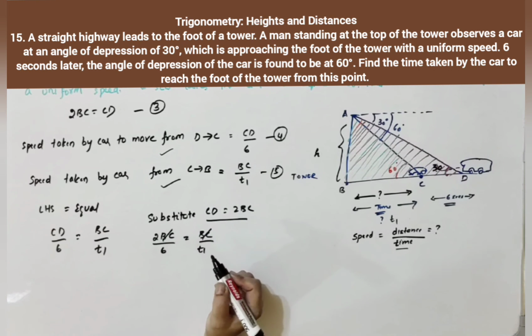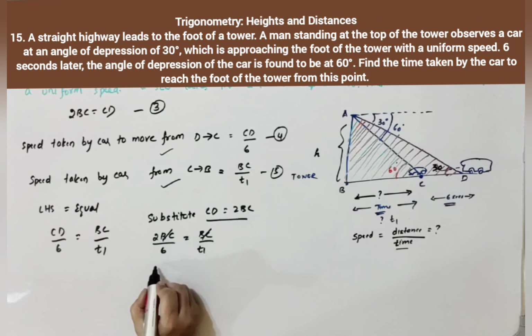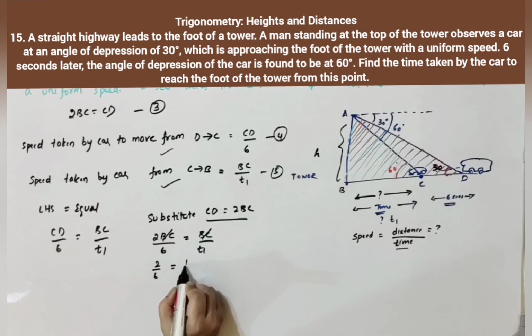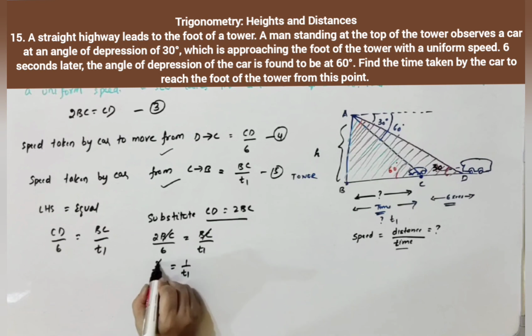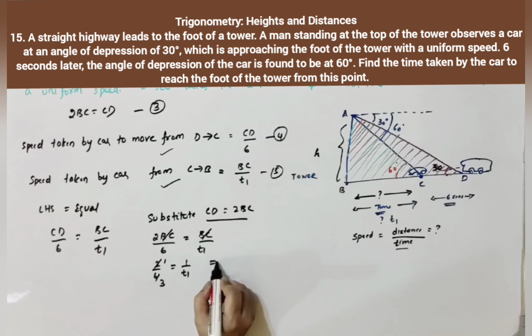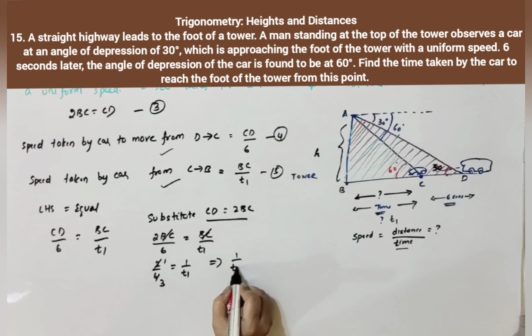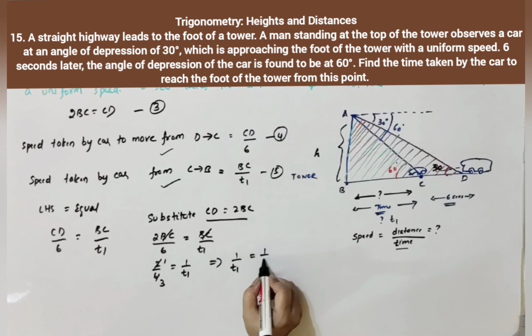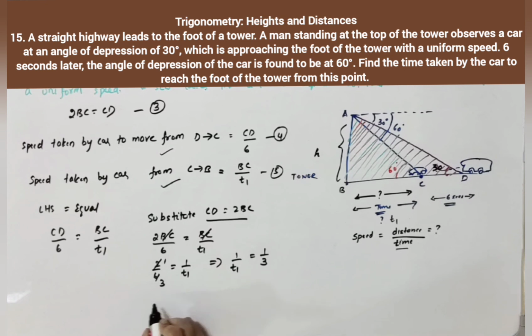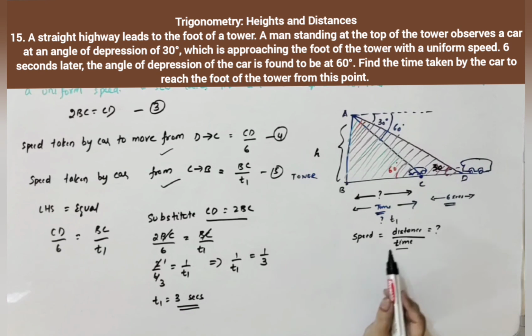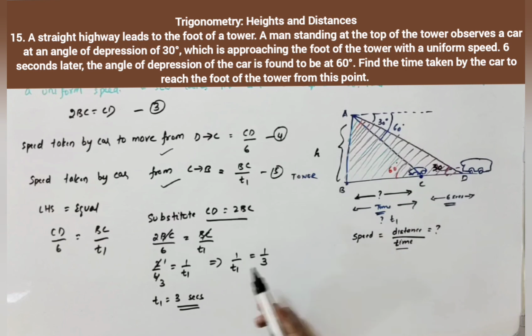BC here and BC here will get cancelled. We'll be left with 2 by 6 is equal to 1 by T1. This will get cancelled, so we'll get 1 by T1 is equal to 1 by 3. This is nothing but T1 is equal to 3 seconds. So the time taken by the car to travel from C to B is 3 seconds.